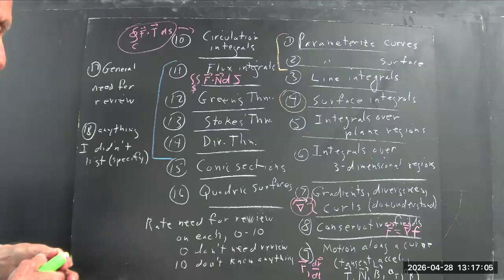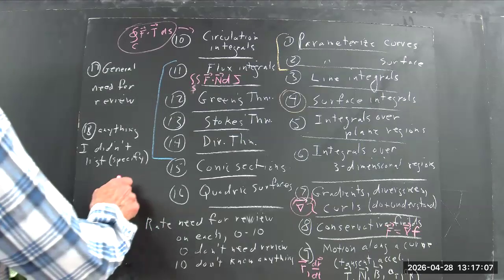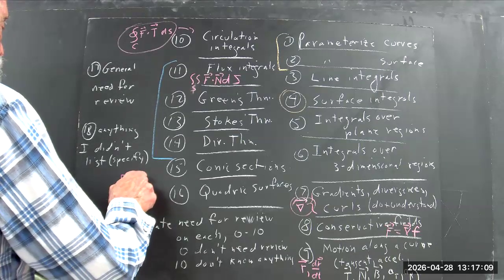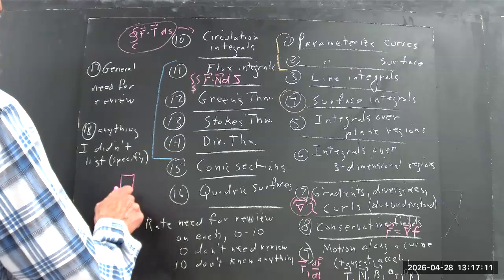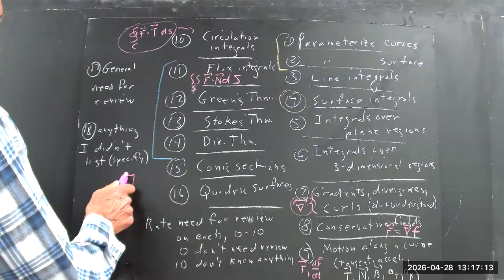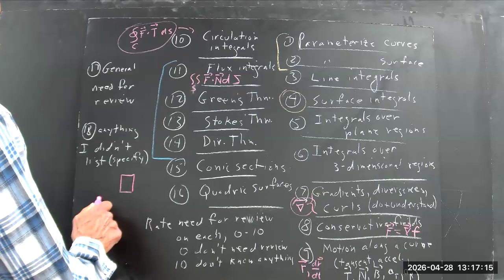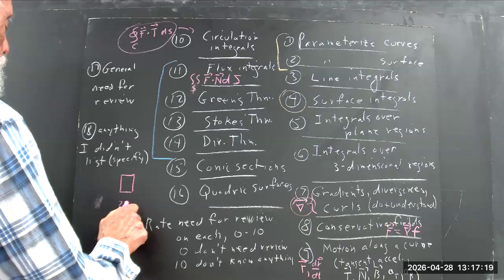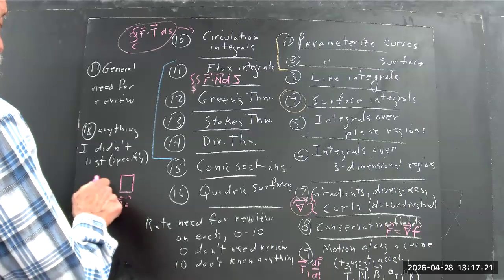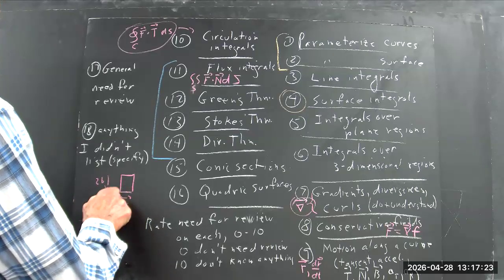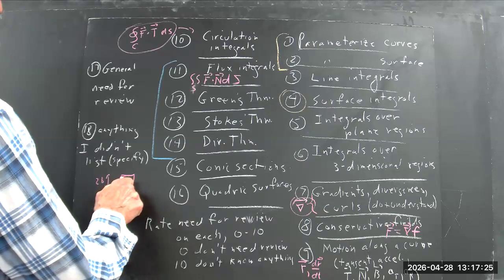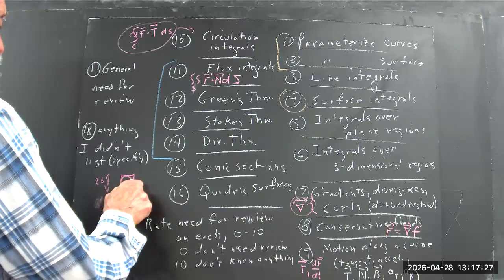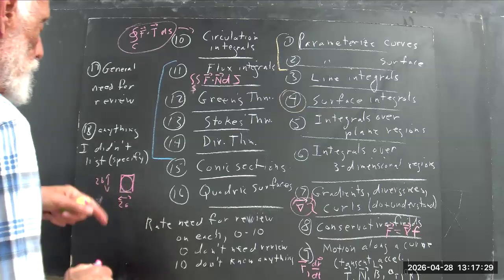Conic sections and quadric surfaces. The big thing I'm going to tell you about conic sections right now is just you do a rectangle. And it's 2A here and 2B here. And you should know what A and B are.